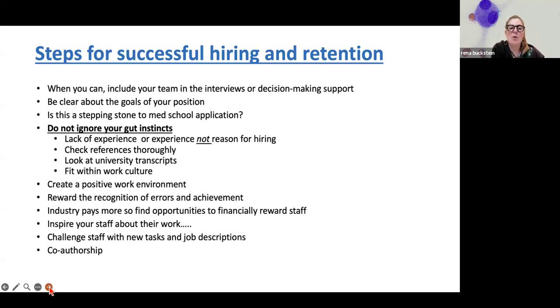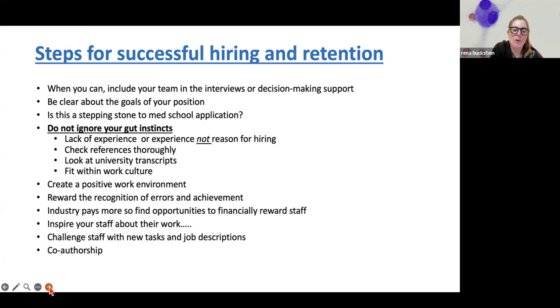So you don't have to only hire someone with experience in research. It's great if you can, but it's not a necessity. I've learned that if you hire the person with the right qualities, even without significant research experience, they can be very, very successful.